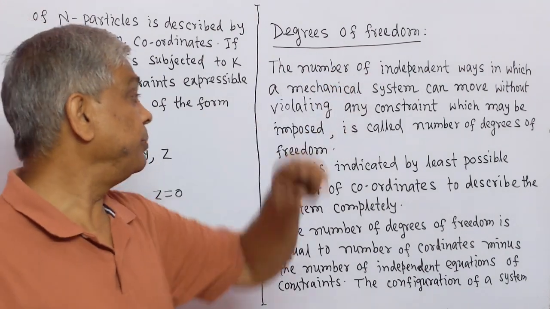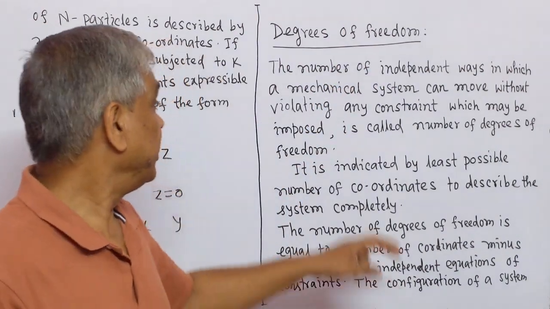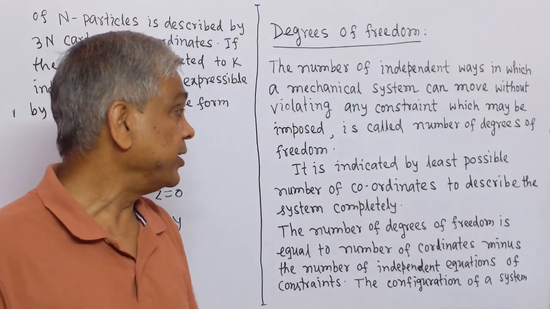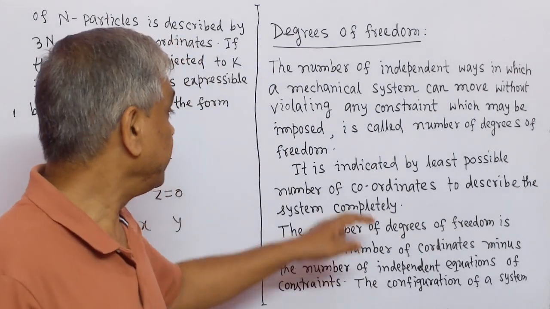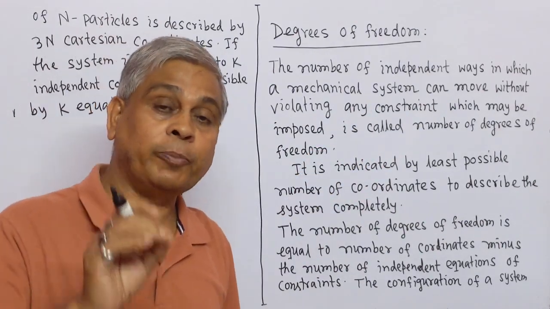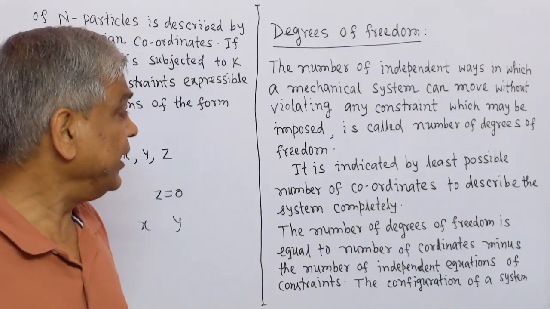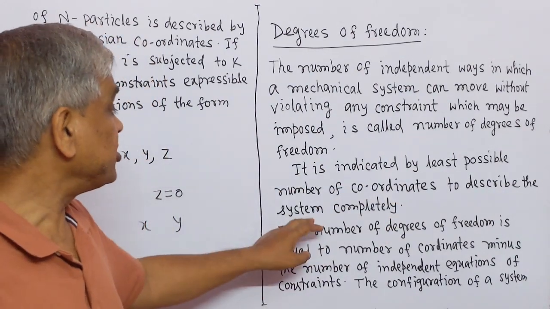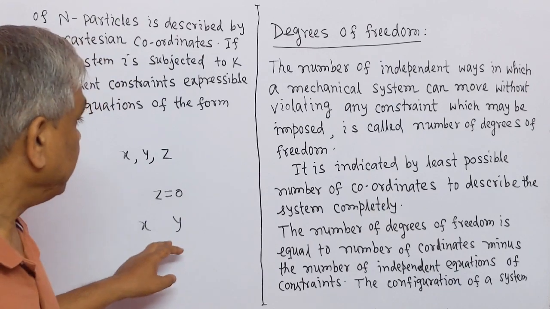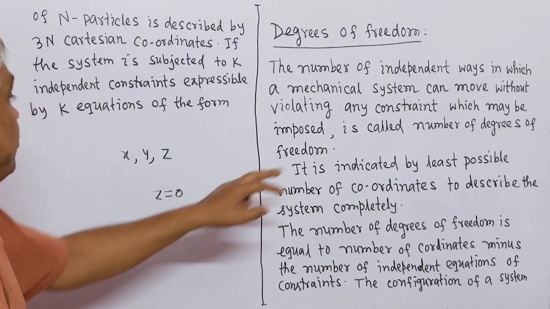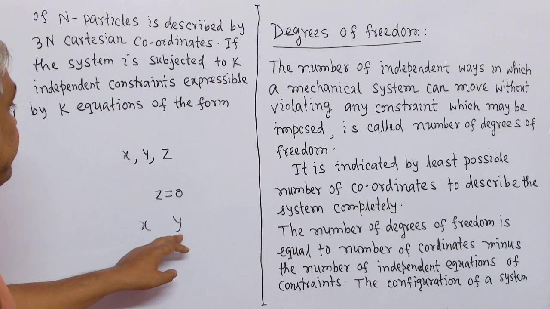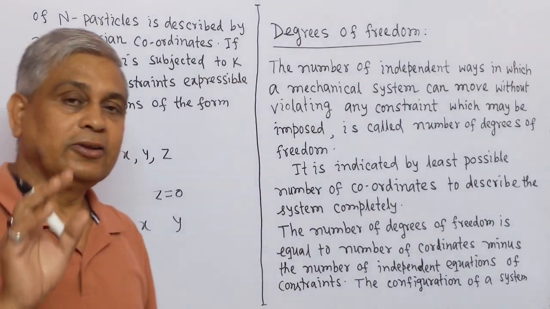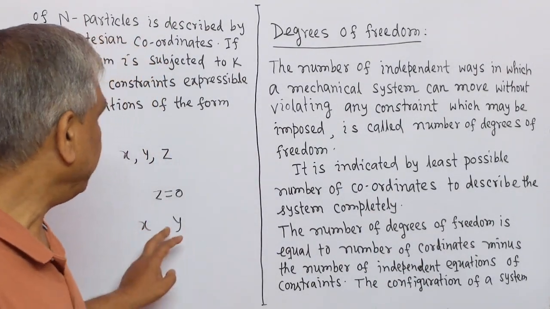So the number of independent ways in which a mechanical system can move without violating any constraint which may be imposed is called the number of degrees of freedom. It is indicated by the least possible number of coordinates to describe the system completely. Here the least possible number of coordinates to describe the motion of the system is 2, x and y, and so here the number of degrees of freedom is 2.